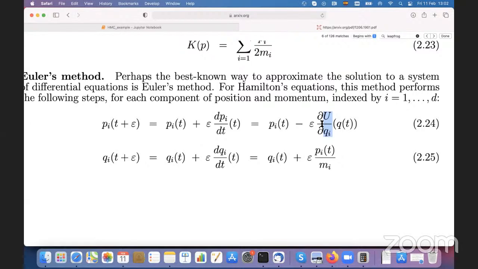In general, this potential energy is very complicated because it is your target distribution in a way. And computing the derivative of a complicated function is only feasible nowadays if you use automatic differentiation.